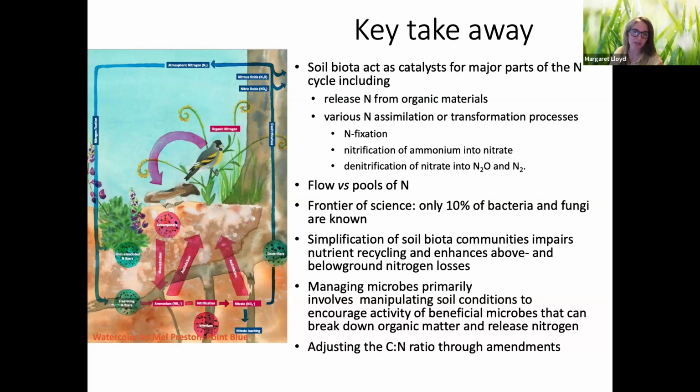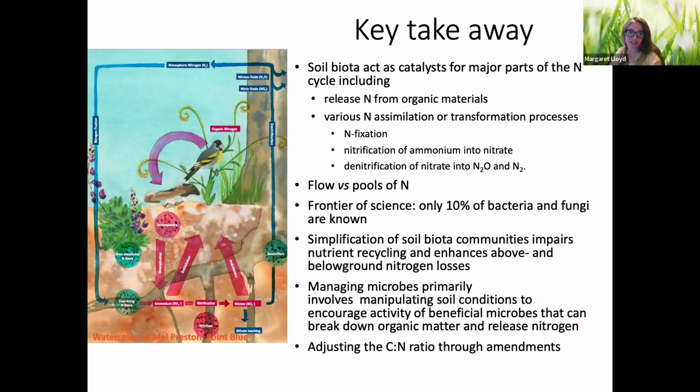Simplification of soil biota communities impairs nutrient recycling and enhances above and below ground nitrogen losses. So diversification is an antidote to this simplification. And managing microbes primarily involves manipulating soil conditions to encourage activity of beneficial microbes so that they can break down organic matter and release nitrogen.